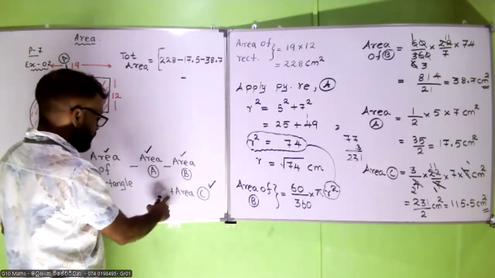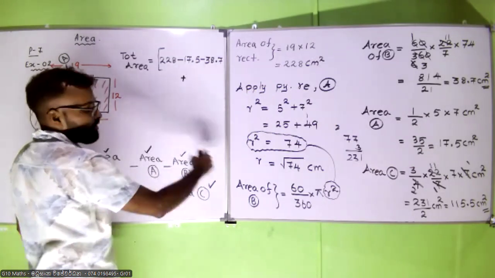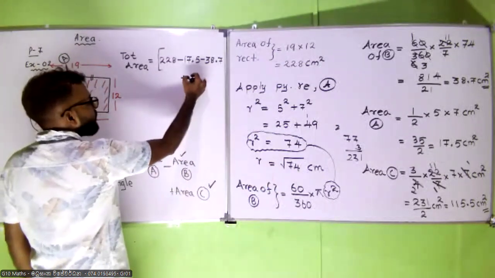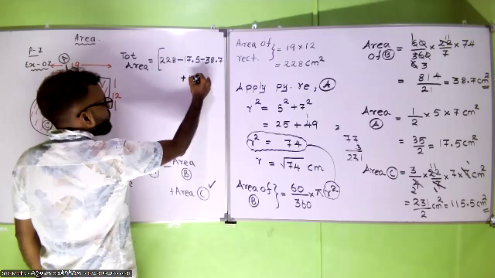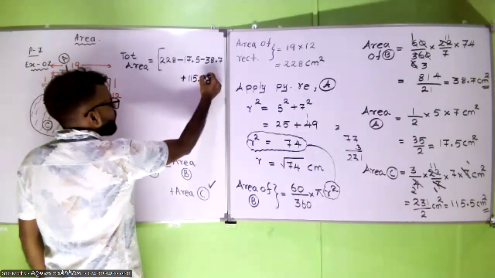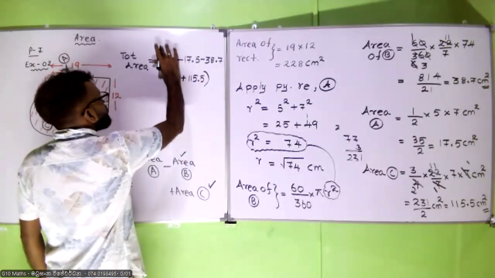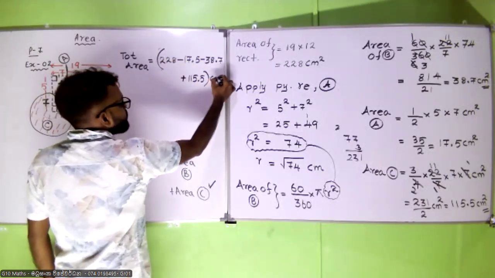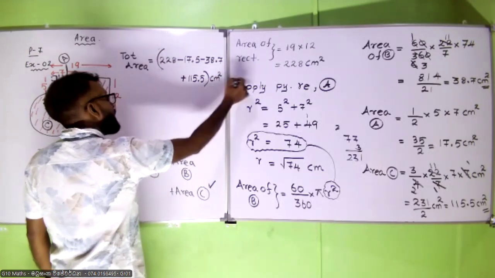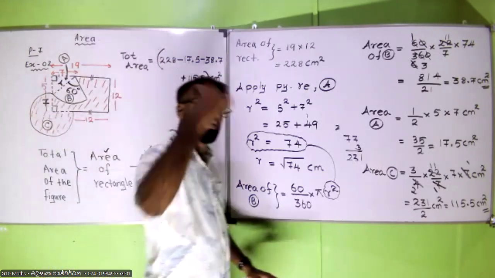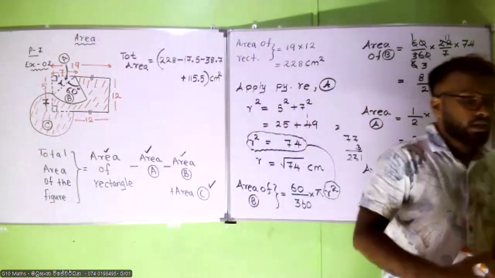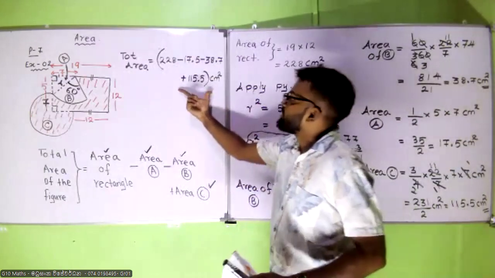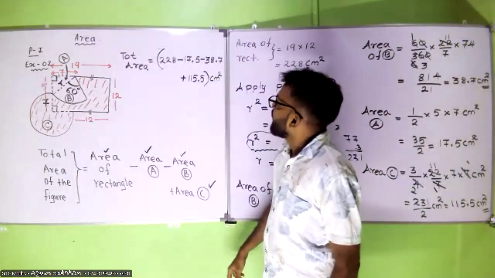And area of C you have to add. Finally you have to add 115.5. And closing brackets. Since my square centimeters is common, I will put it out of the bracket. So you have to simplify this and take the answer.